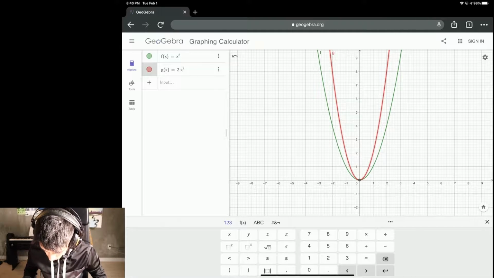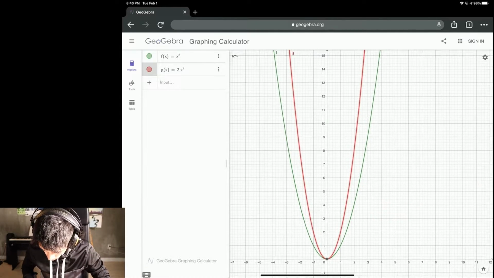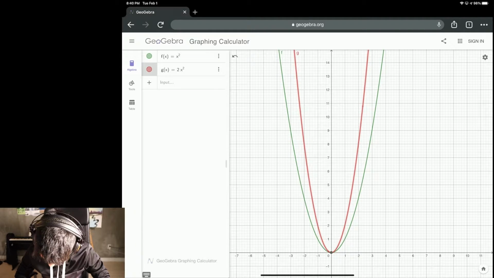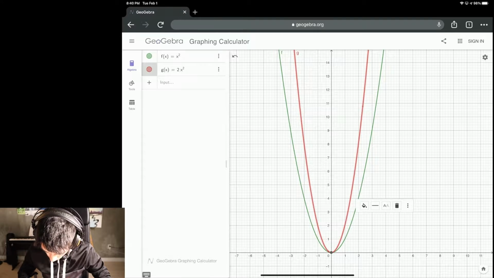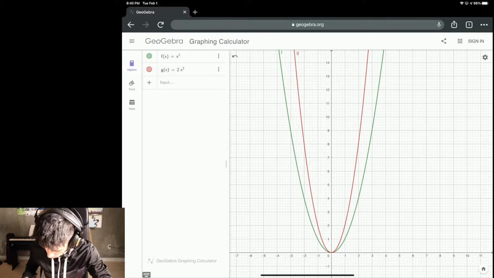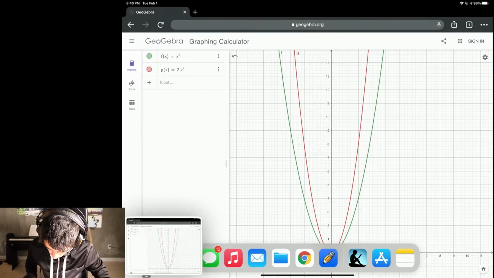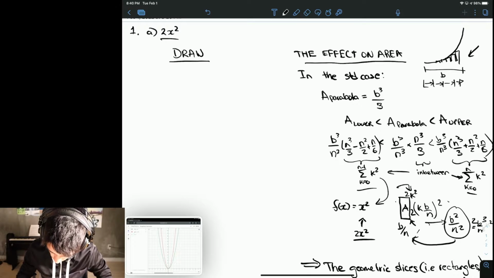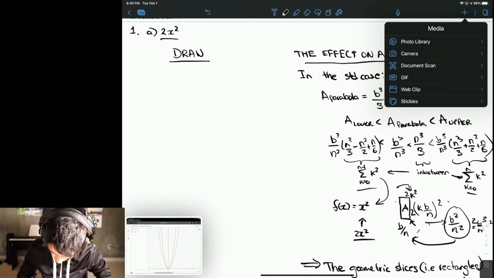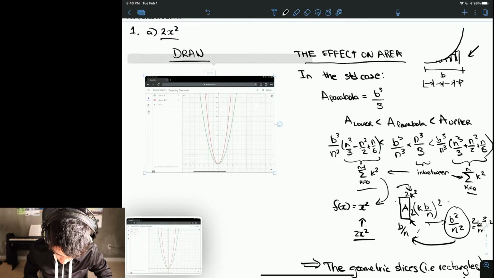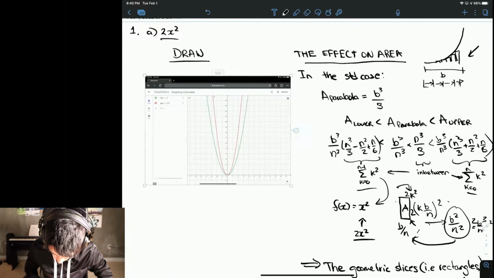So here's the difference. As you can see, the vertical height is doubled, like so right here. Yeah, the red curve is doubled. So I'll take a screenshot of that and draw that here, expand that a bit.